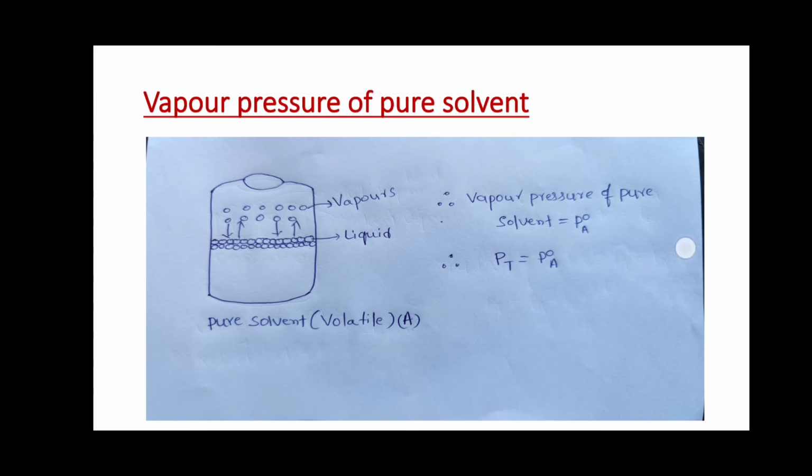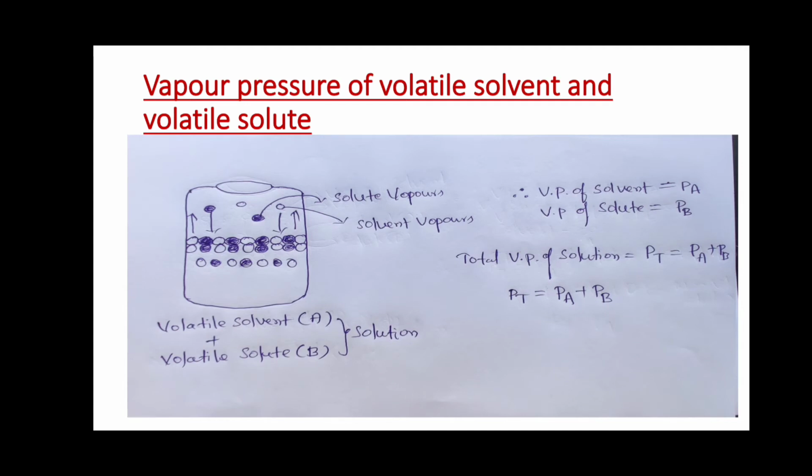Let us take the second case: vapor pressure of volatile solvent and volatile solute. Let us take a solution in a closed container. In that solution, the solvent is volatile in nature and the solute is volatile in nature. This means both are volatile; they easily convert into vapors, they easily evaporate.